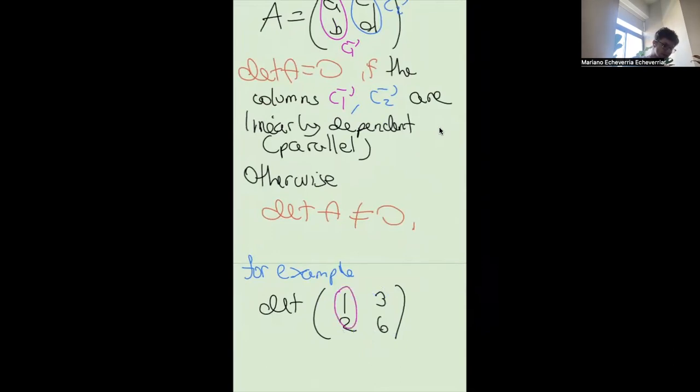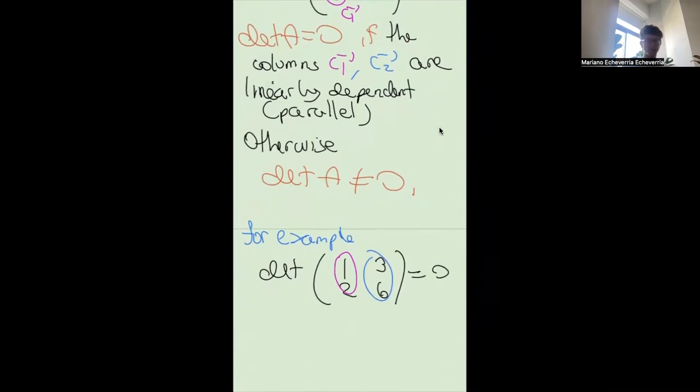So this determinant is 0 just because the second column is 3 times the first one, right? So they're parallel or linearly dependent.